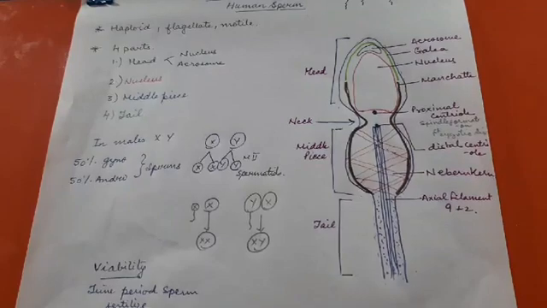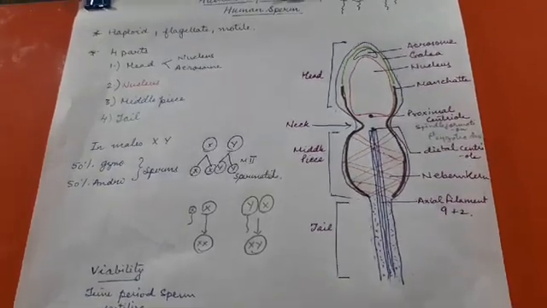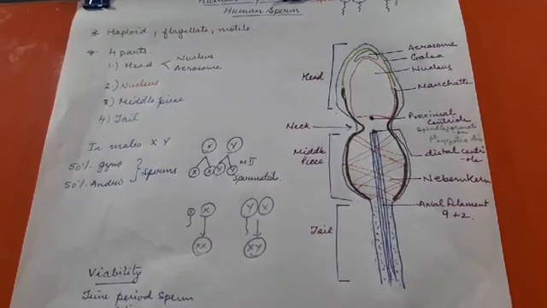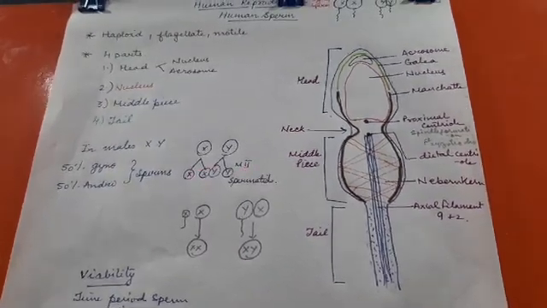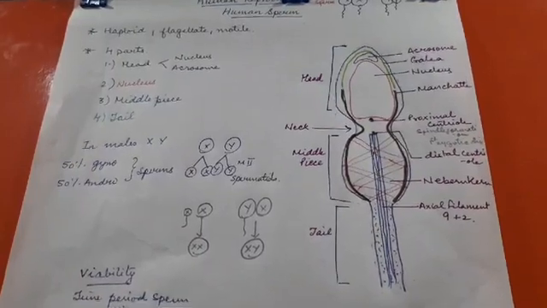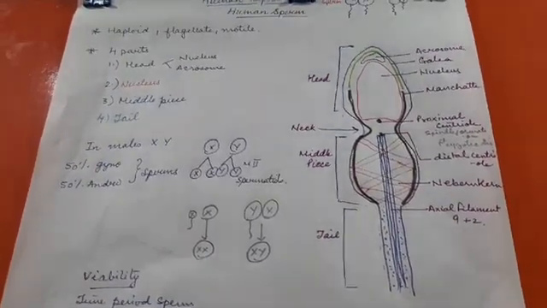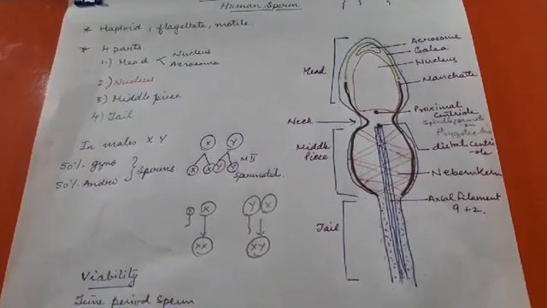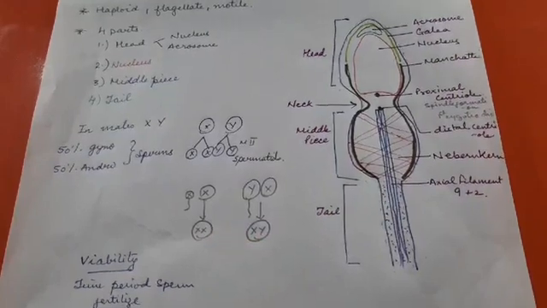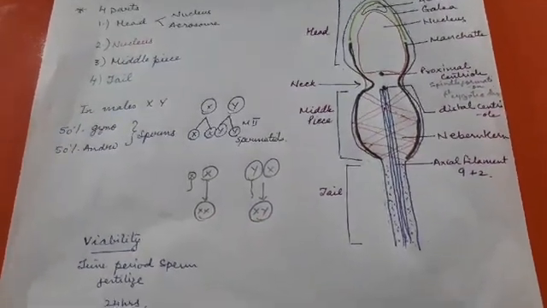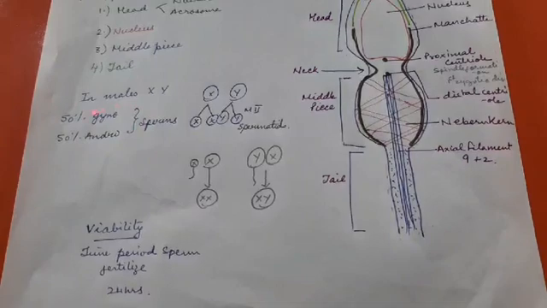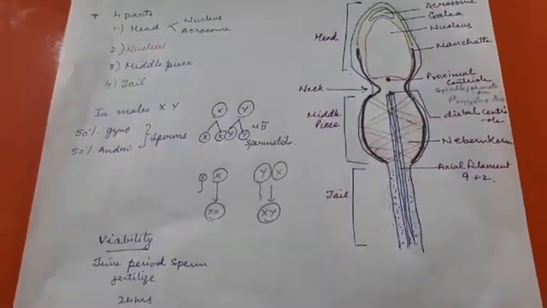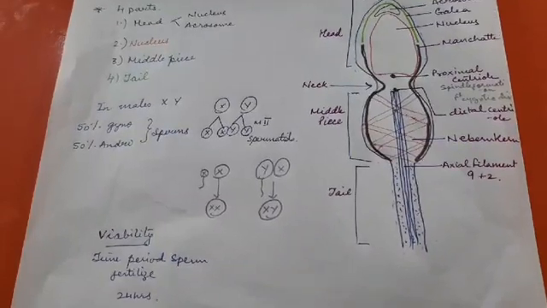So these are spermatids. These spermatids will form sperms by the process of spermiogenesis, and we would get 4 sperms: 2 X-containing sperms and 2 Y-containing sperms. X-containing sperms are known as gynosperms, and Y-containing sperms are known as androsperms.